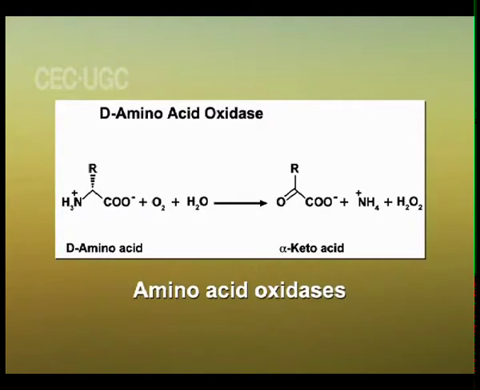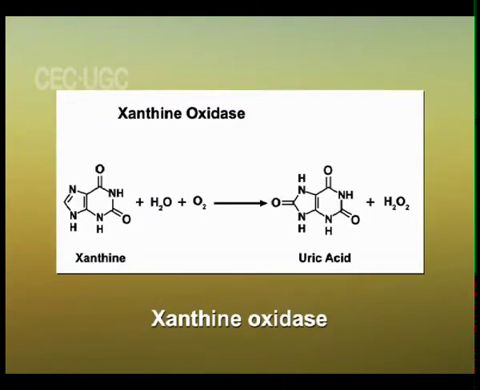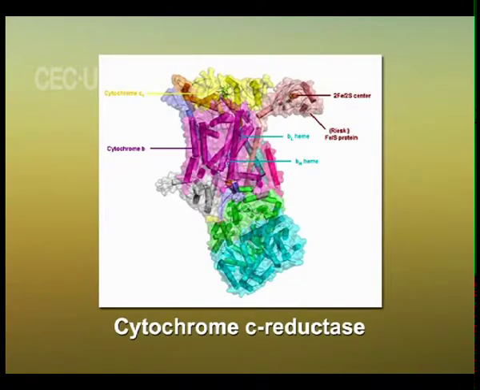Riboflavin is a constituent of several enzyme systems such as amino acid oxidases, xanthine oxidase, cytochrome C reductase, etc. These enzymes are called flavoproteins. The main function of this vitamin is concerned with oxidation reduction.